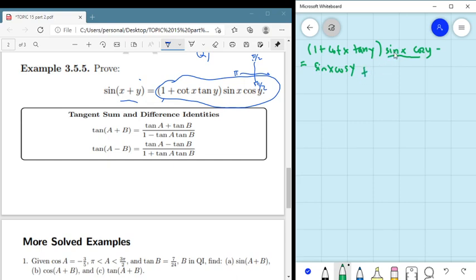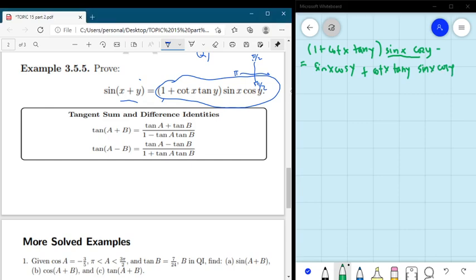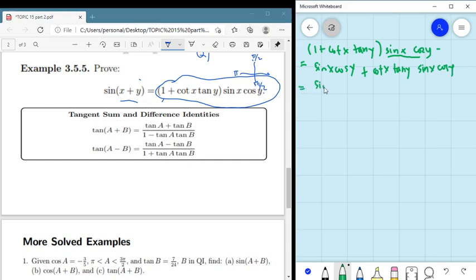Then plus, kaning duha, i-times mo ani, it should be cotangent x, tangent y, then sine x cosine y. Okay. Simplifying the second quantity and copy sine x cosine y. Okay, then express cotangent and tangent in terms of sine and cosine.